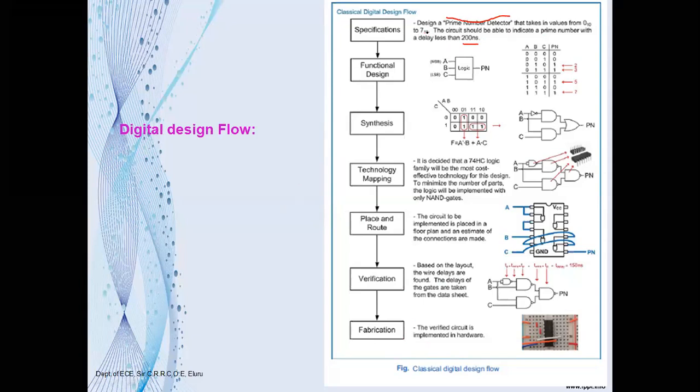Once you have the specifications, you get into the functional design. Here you will have the block diagram, so the entire system is represented in a block diagram. It has 3 inputs and a single output. The 3 inputs are to accept a number between decimal 0 and decimal 7.